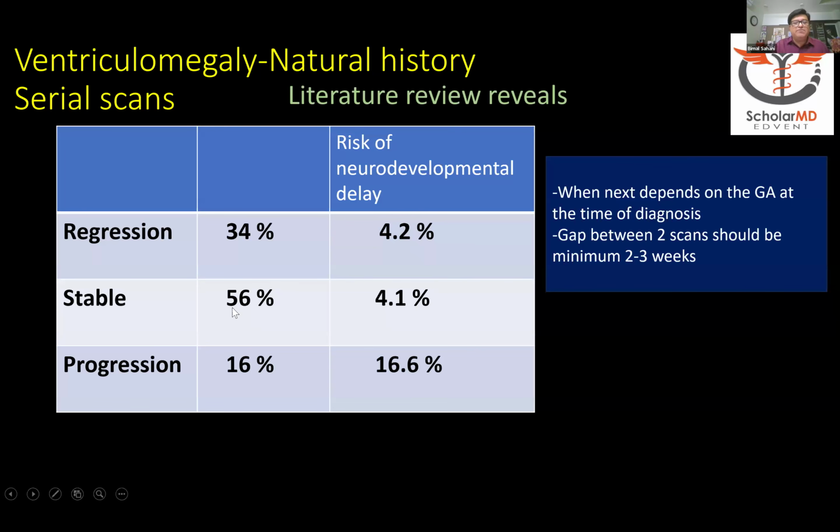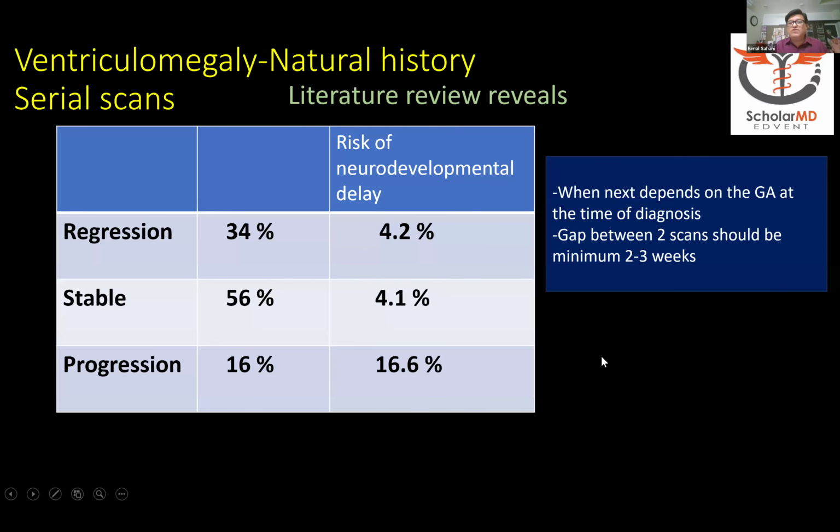When it remains stable in 56% of the cases, the risk is 4.1%. So honestly speaking, if it regresses or remains stable, there is no increased risk of neurodevelopmental delay. But when it progresses, which happens in 16% of the cases, there is a 16.6% risk of neurodevelopmental delay. Hence, progression also is a poor prognosticator.